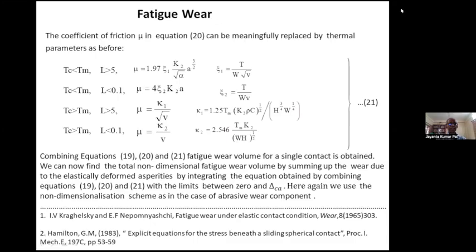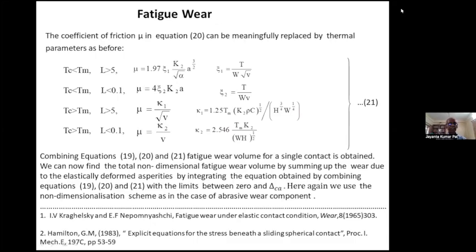And similarly, for contact temperature larger than melting point and Peclet number larger than 5, we have 2 more expressions. And also, if the contact temperature is larger than melting point and Peclet number is less than 0.1, like the slow speed, we have 2 more expressions. And these are given in 21.